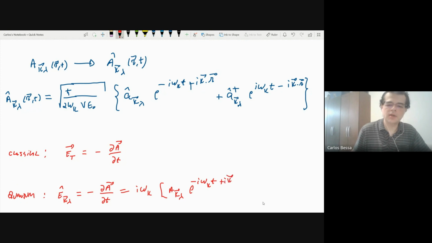plus i k r plus, sorry, this is small a, right? Okay, lambda.